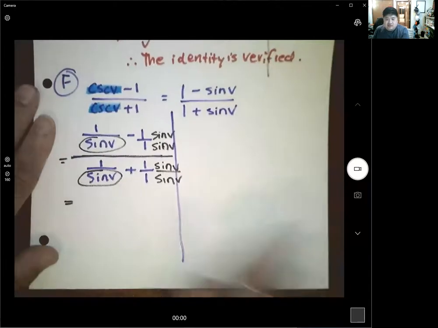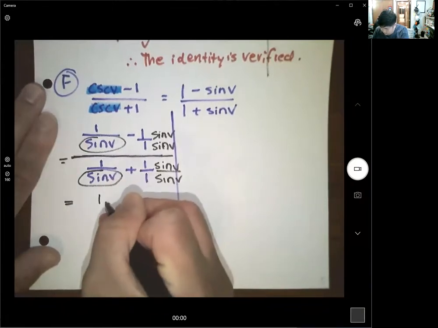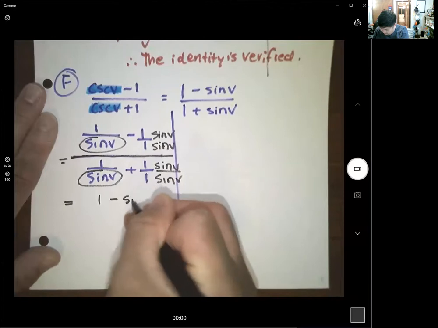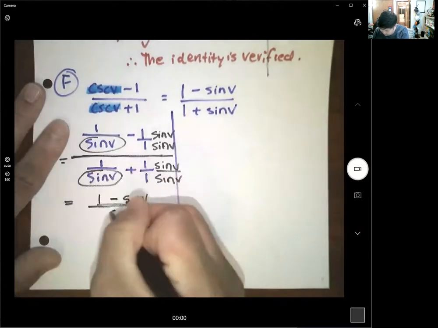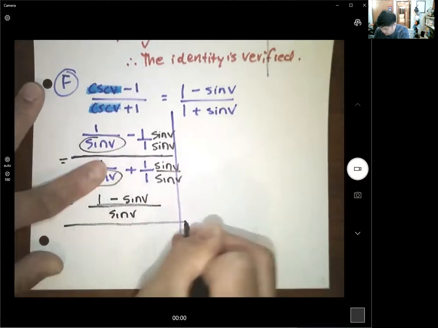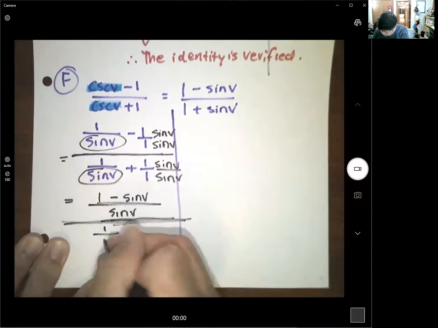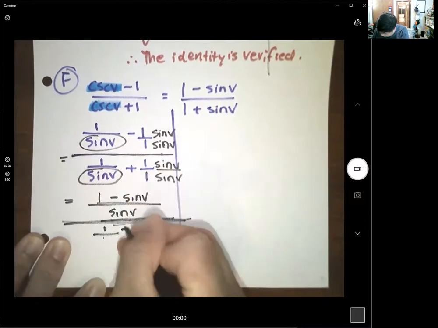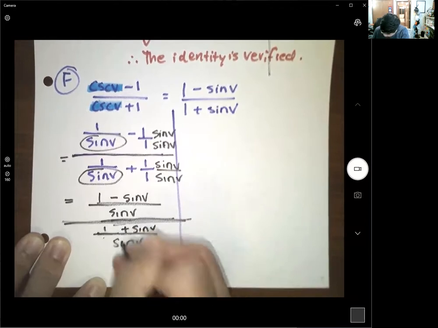So let's simplify here. In the numerator, I have 1 minus sine of v, all over sine of v now. Then remember, I have a double fraction. So we have 1 over 1 plus sine of v, all over sine of v.